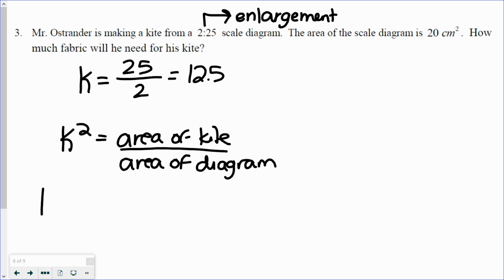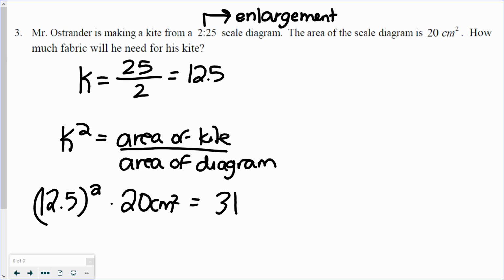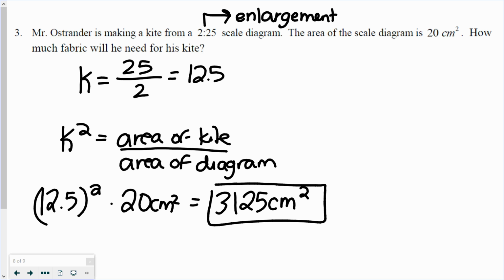So 12.5 being our k value squared multiplied by the area of the diagram, which was 20 square centimeters, gets us an area of 3,125 square centimeters. So this is how much fabric he will need to make his kite.